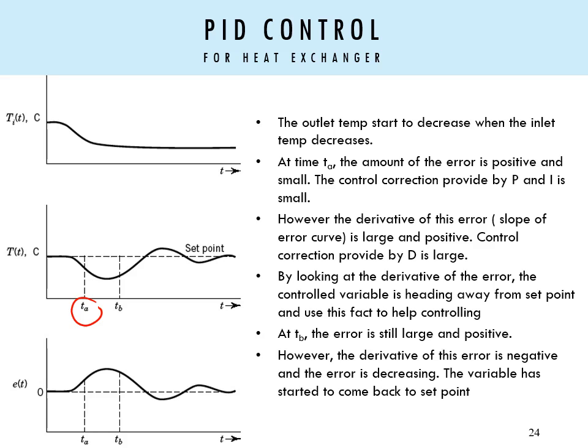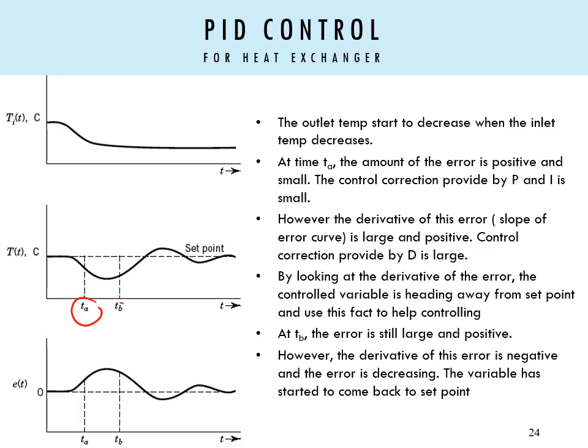However, the derivative of this error, the slope of the error curve, is large and positive. The corrective action provided by D is large, because by looking at the derivative of the error, the controller sees the control variable is heading away from the set point and uses this fact to help control.